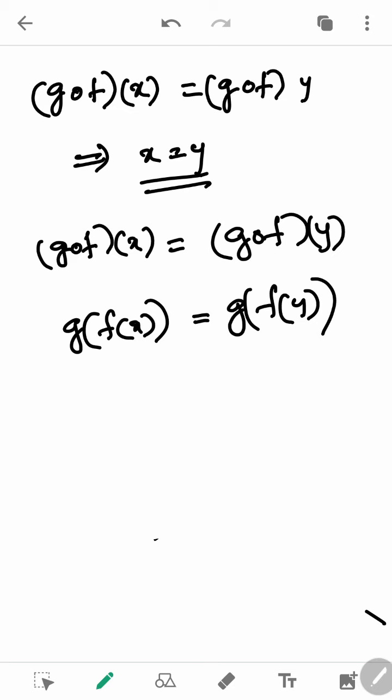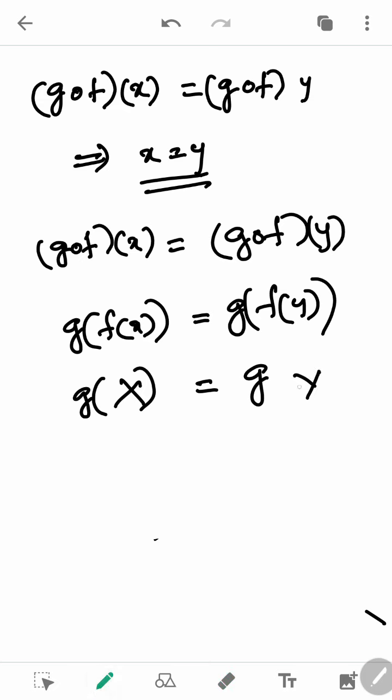Here g is injective. That means g of x equal to g of y implies x equal to y.